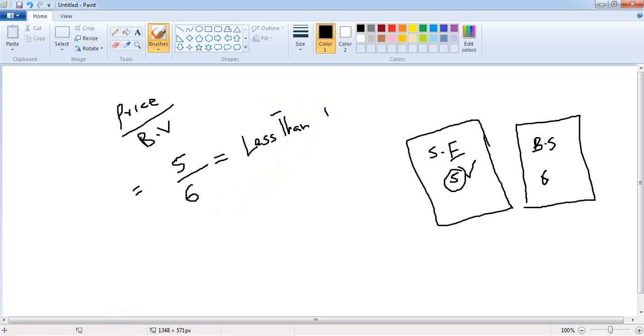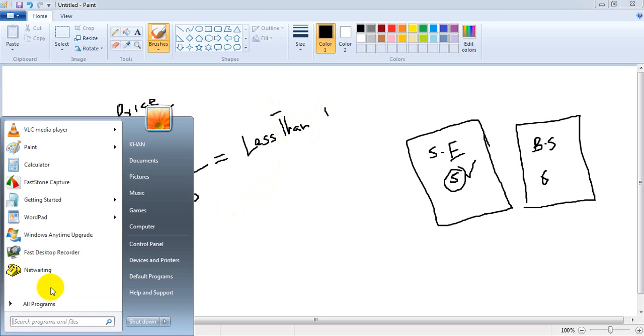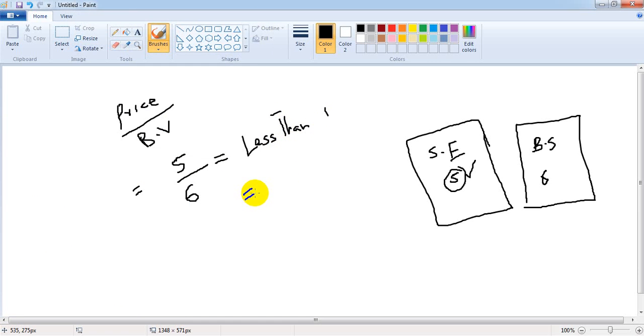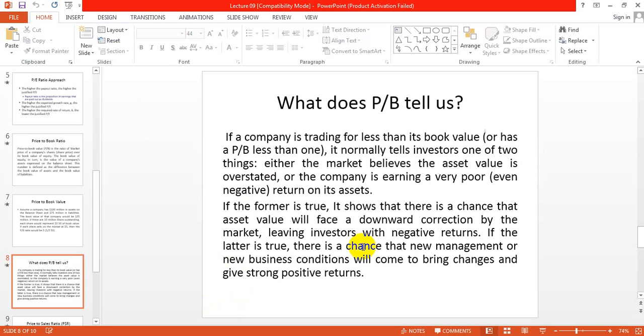So 5 divided by 6, we are getting 0.83, means price to book ratio is 0.83, less than 1. So it will convey us some message.